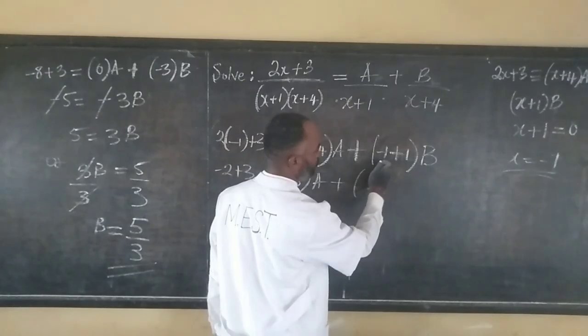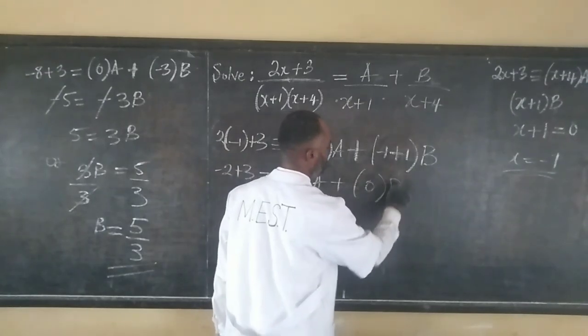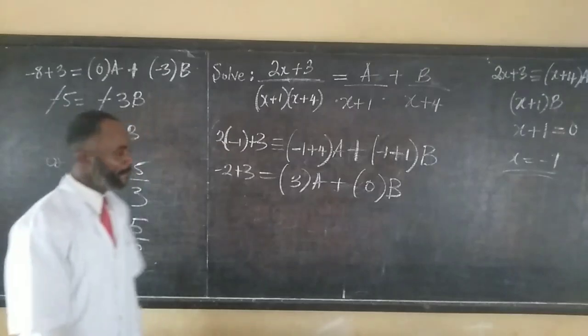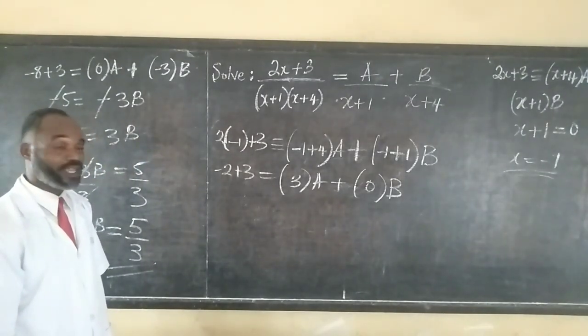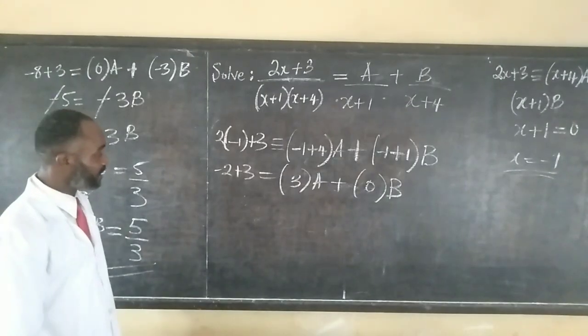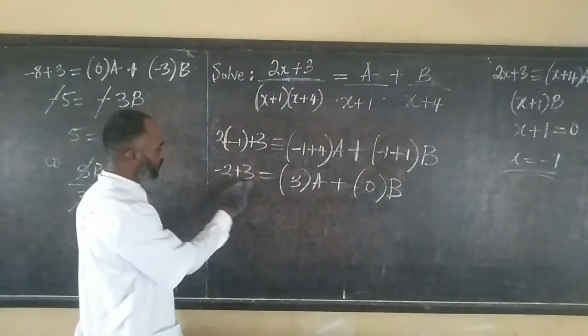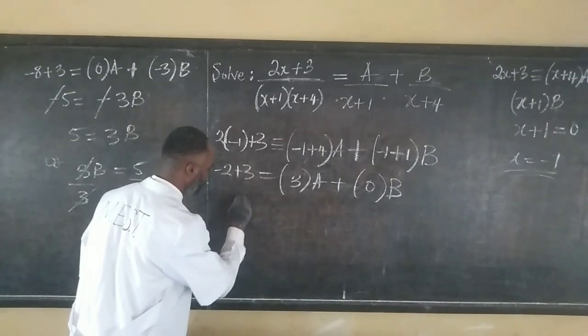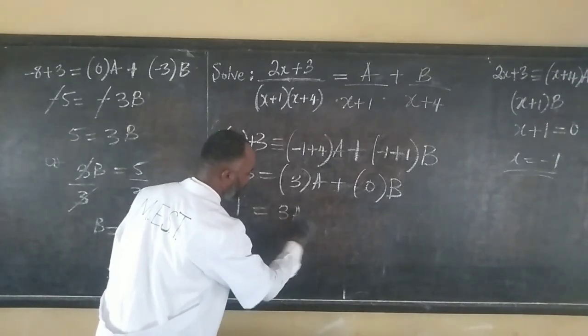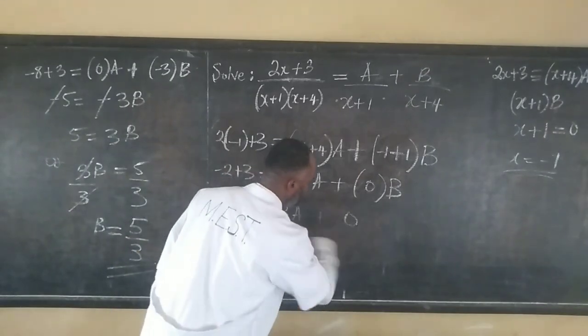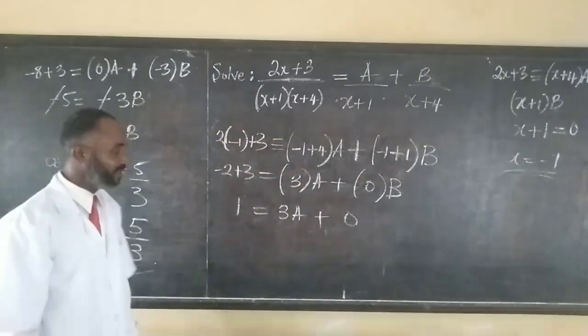Minus 1 plus 1 is 0, bracket close, and that's B. Interesting, right? Good, we're making progress. Minus 2 plus 3 is going to be 1, equal to 3A, and definitely this becomes 0. We have nothing to do with that.